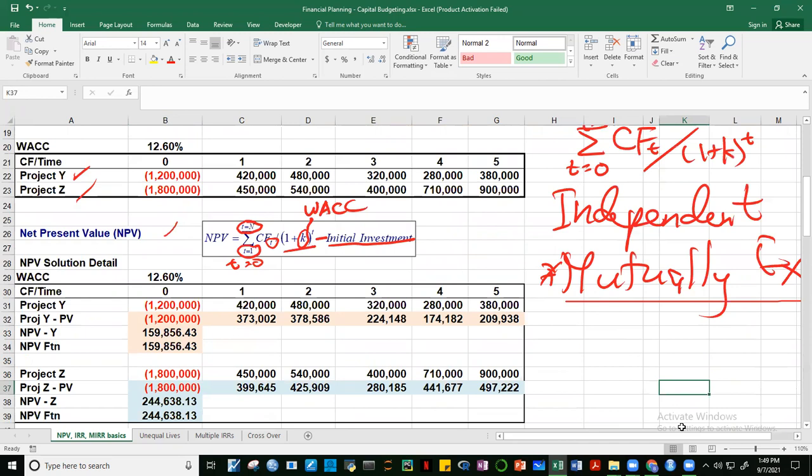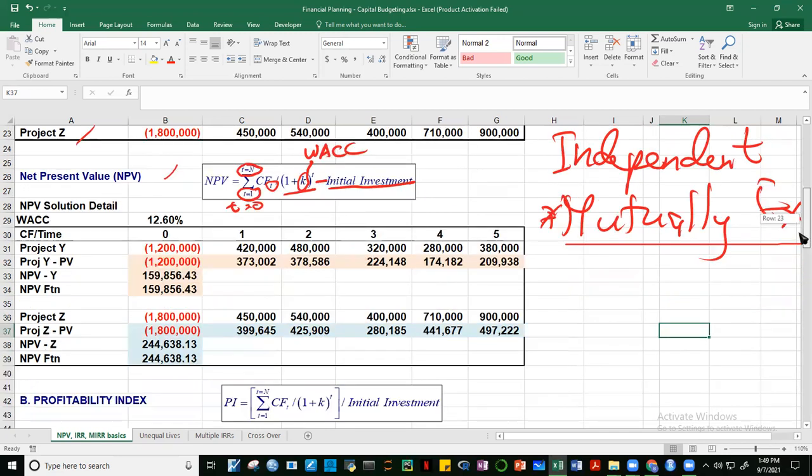So pipili lang tayo ng pinakamagaganda, yung pinakamataas na NPV, tapos kung saan masusuwak yung budget, yun ang pipiliin natin. No? So that's independent. Pero pag mutually exclusive yan, kunyari 10 options, mutually exclusive silang lahat, pipili lang tayo ng isa doon. Okay, so the best ang pipiliin natin.